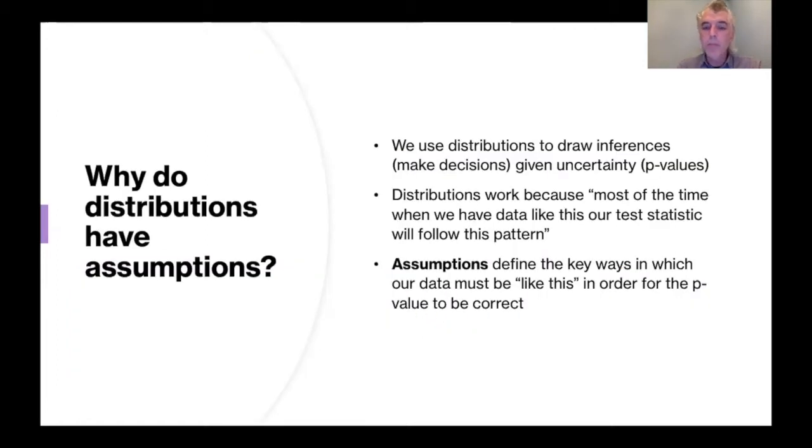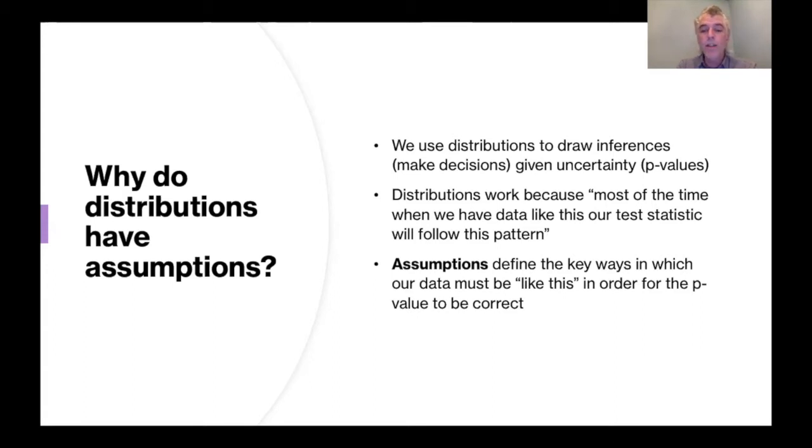So why do distributions then have assumptions in the first place? Well, remember that we use distributions to draw inferences given uncertainty. And distributions work because most of the time when we have data that are kind of like this, our test statistic will follow a very predictable pattern that we can describe mathematically as a distribution and use this mathematical relationship then to calculate a p-value.